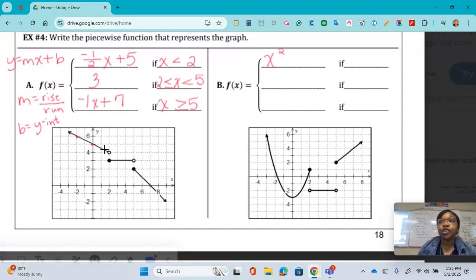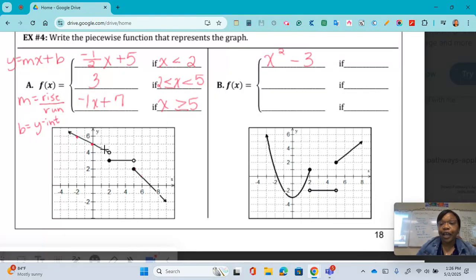Because it usually starts at 0, 0, it was shifted down 3. So that's going to be minus 3. Quadratic, shifted down 3. And then we need to do our restrictions. Because the line is going to the left, is this going to be greater than or less than?